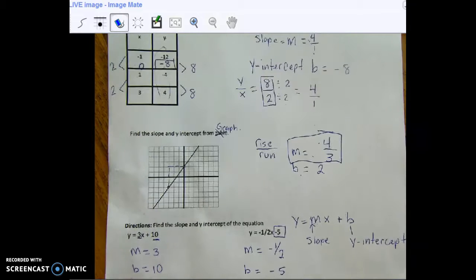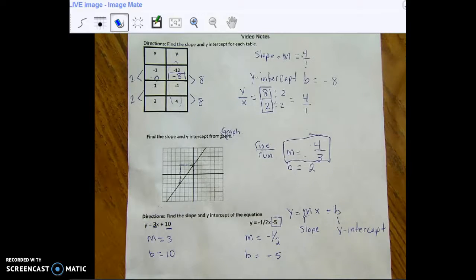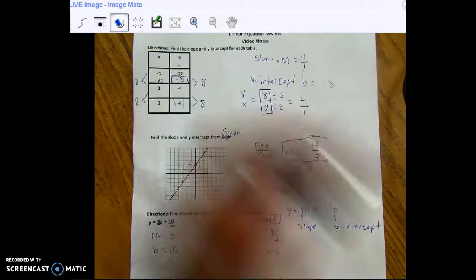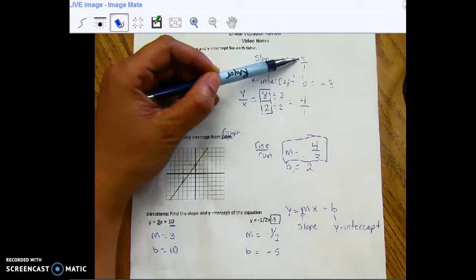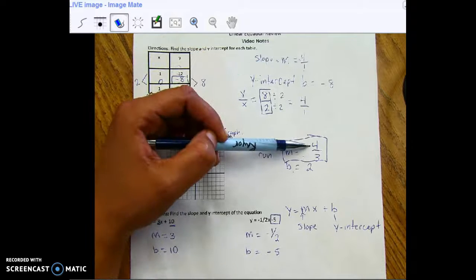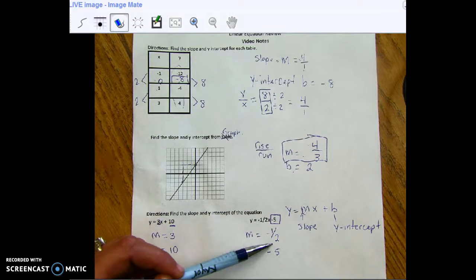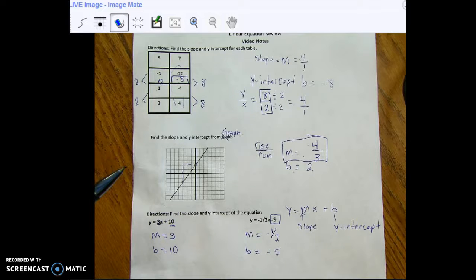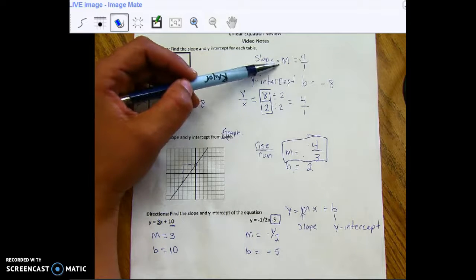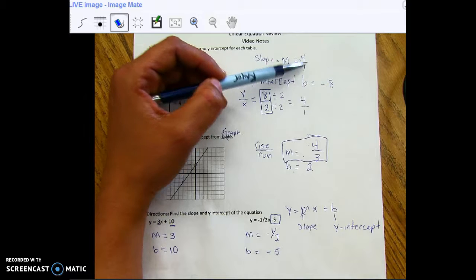If I was looking at all 3 of these representations, I can see that the slope is 4. The slope is 4 over 3 here. And then I have a slope of 3 and negative 1/2. To compare this, I would say who has the largest slope would be the table because it has a slope of 4.